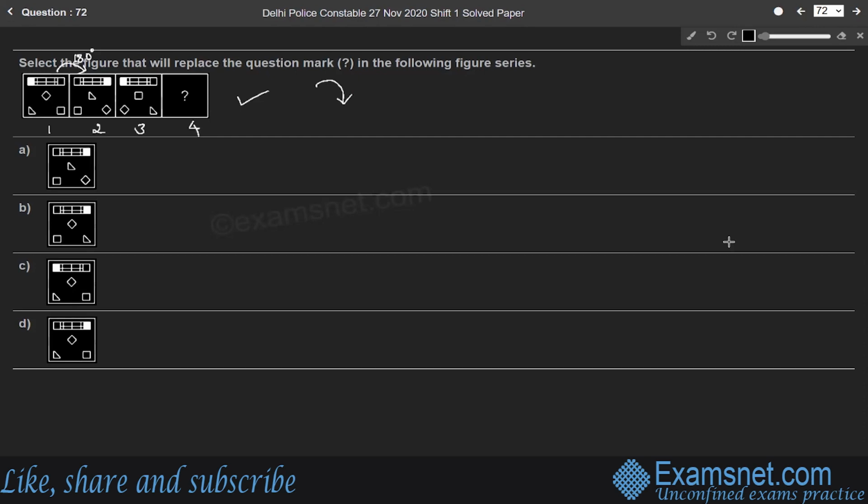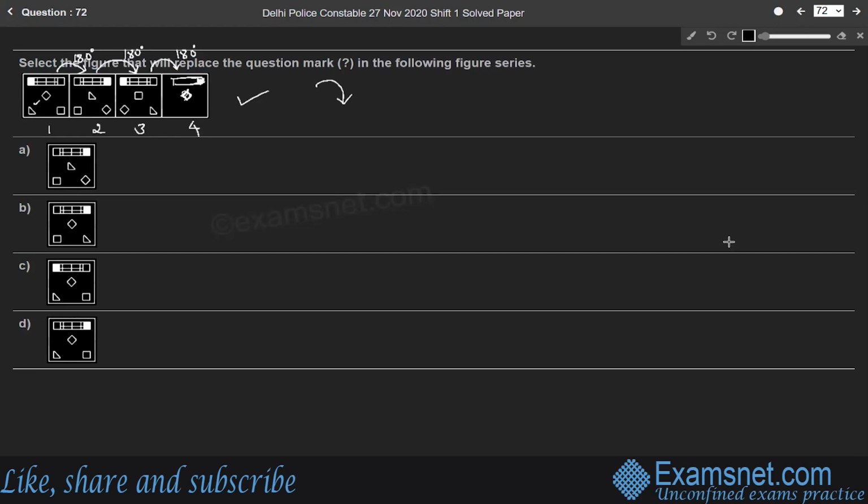And in the fourth figure, the diamond will come to the middle portion, since they are rotating clockwise, right? Now the horizontal image: in the third figure, it is rotated through 180 degrees, and in the fourth figure, when it is rotated through 180 degrees, this shaded part will come to the right side, right?